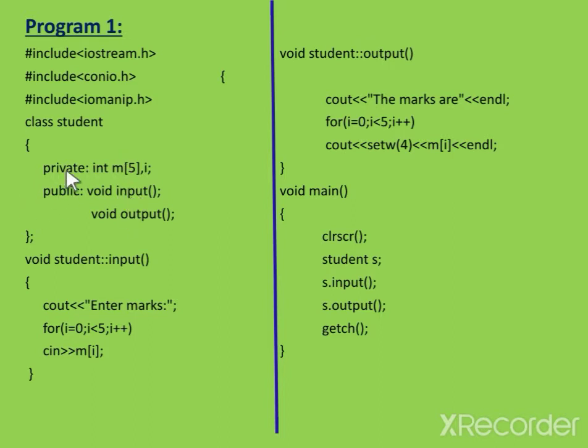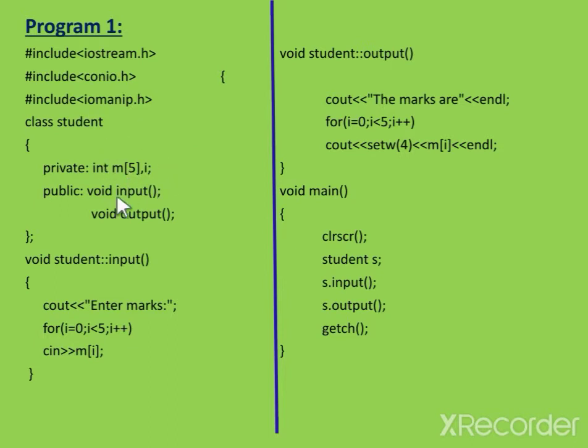Here I am going to declare an integer array variable m[5] with size 5. It shows a one-dimensional array representation. Here m is an array name with size 5. It can store 5 elements. And i is used for the index number.